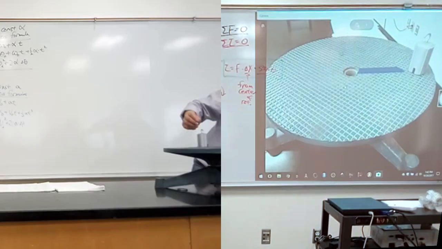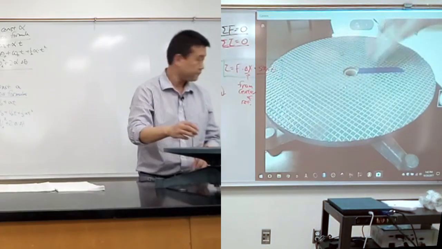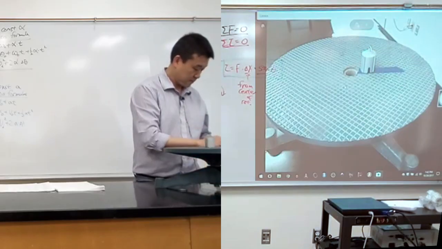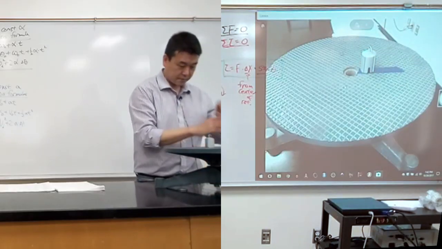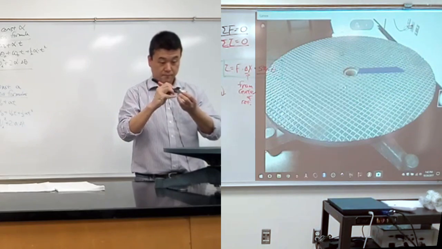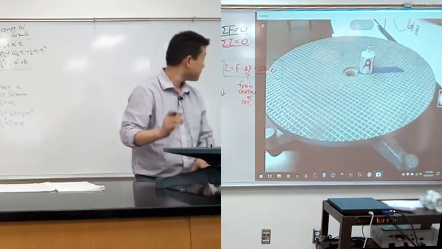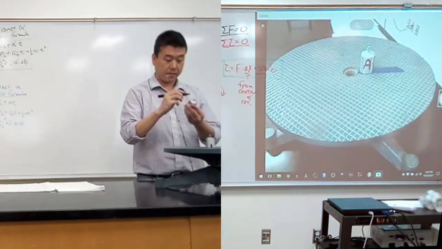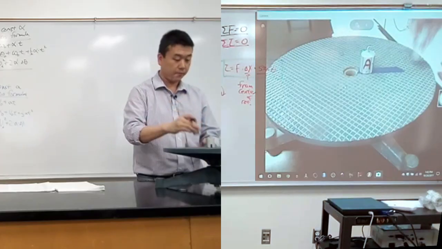The only two masses I have the same are the 200 grams ones. So should I write their names? Okay. So the one that's on the inside is Alice, A for Alice. And the one that's on the outside is Bob, or B for Bob.